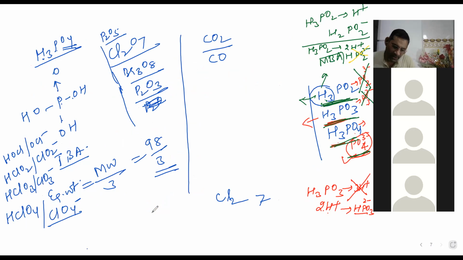Now P2O5, Cl2O7. First I'll tell you P2O3. Fine.